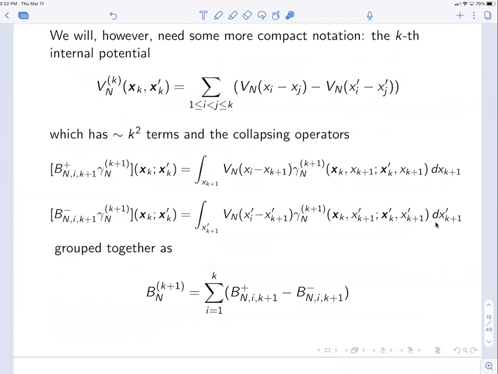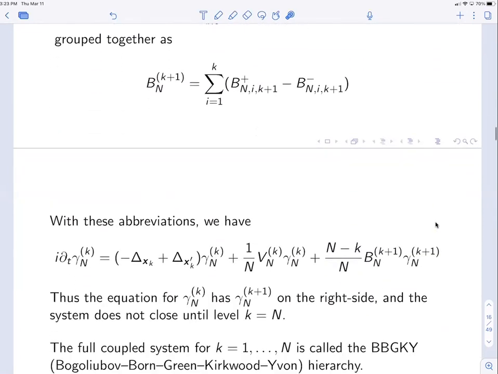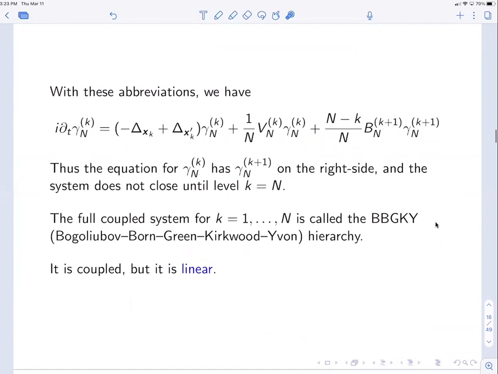And then the term that shows up in the interaction part involves the difference between these collapsing operators, and then we also sum from 1 to k. So with all those abbreviations, the equation for the kth particle marginal is i dt gamma k.